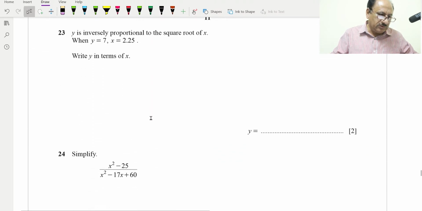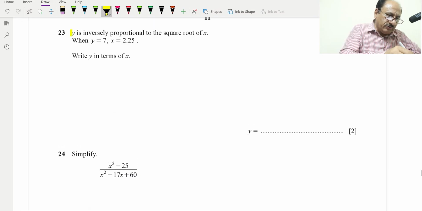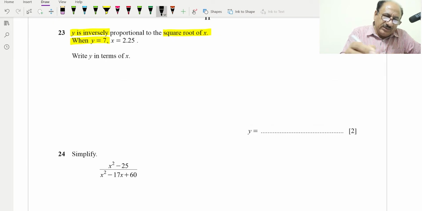Now this is question number 23, which is a proportionality question. Y is inversely proportional to the square root of x. So first we will write the equation: y is inversely proportional to the square root of x.